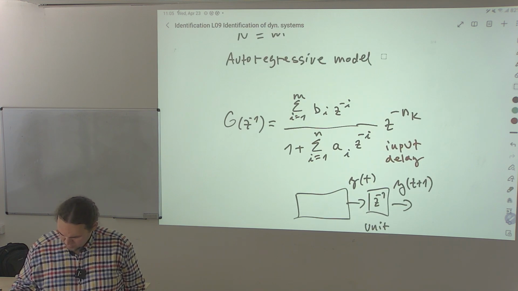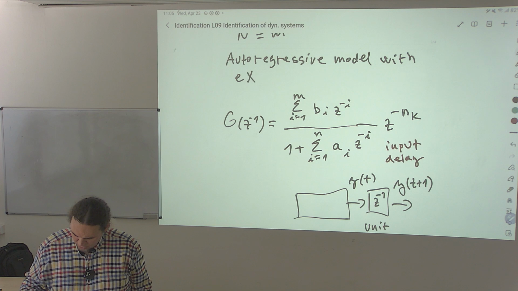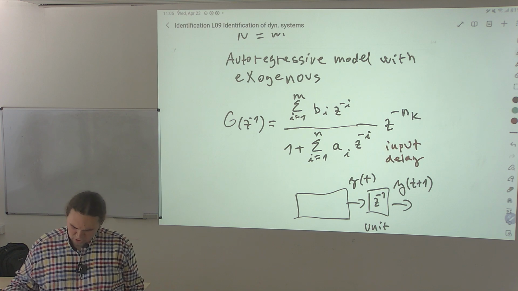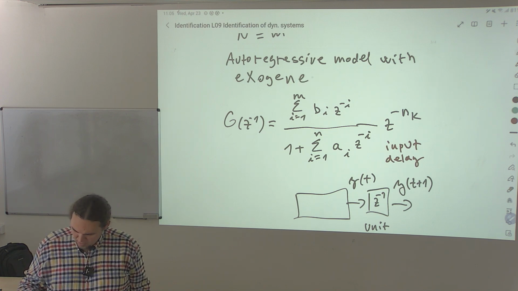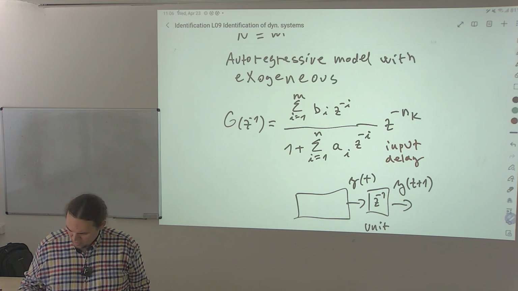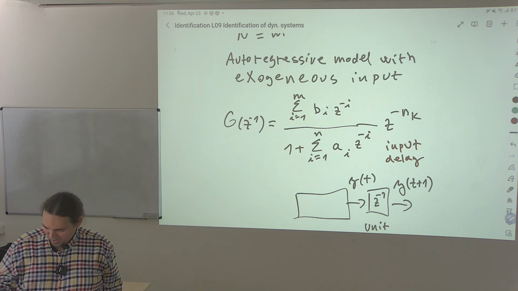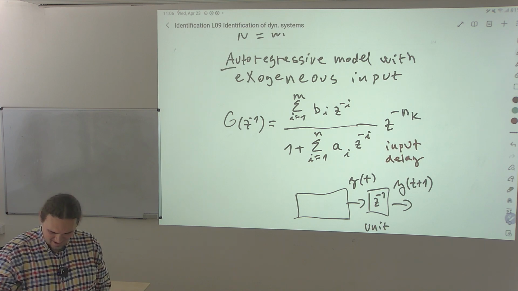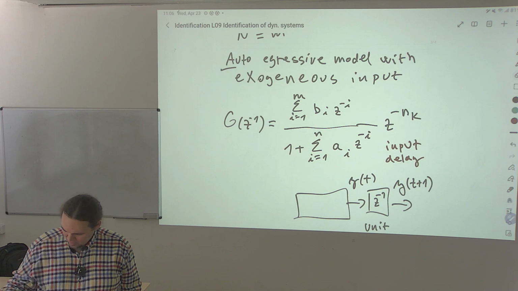Autoregressive model with exogenous input, one more E, sounds horrible, I know. Maybe make this R capital.